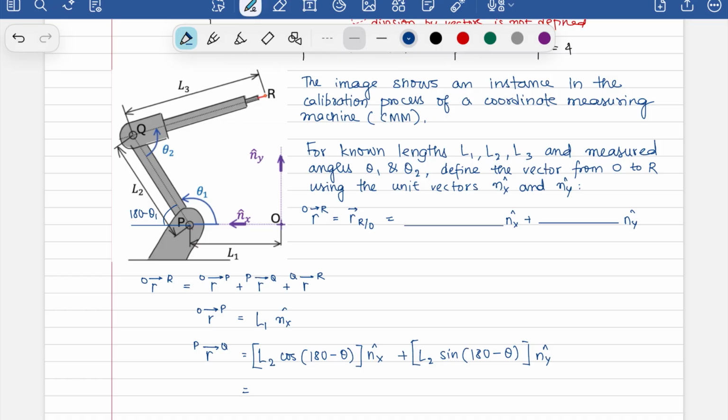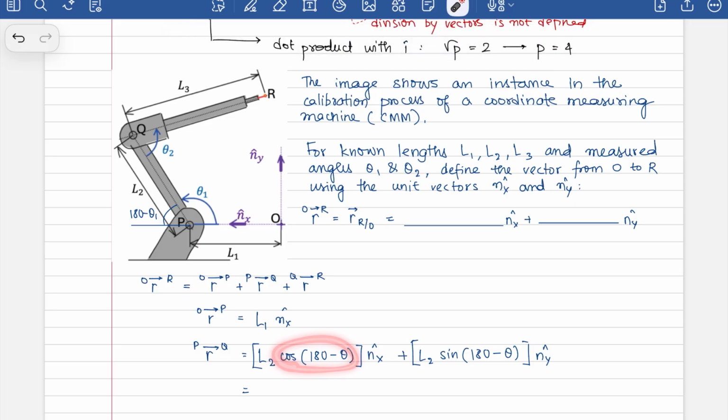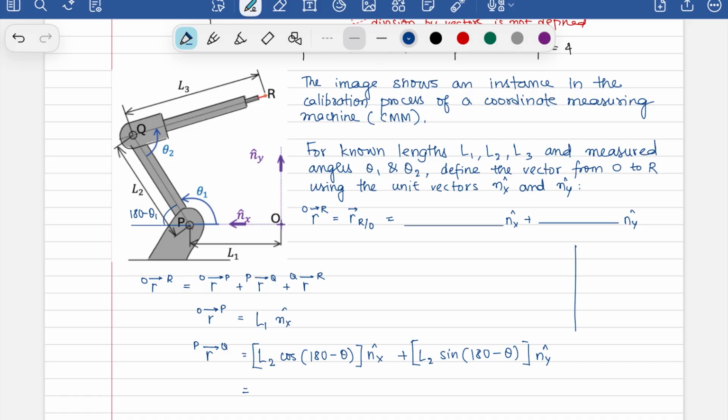Now, you should be able to calculate what this is. You can use the cos A plus B formula, and this here would be the sine A plus B or A minus B formula. But there's an easier way to do this, which is using mnemonics. Essentially, these are the quadrants.